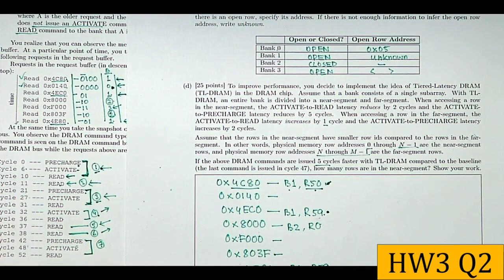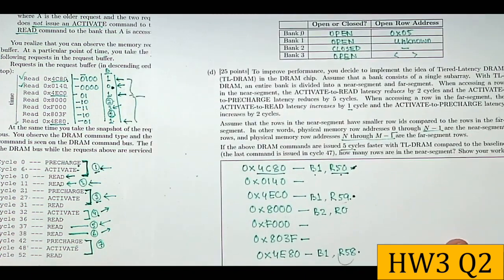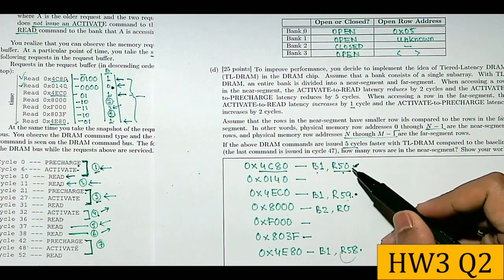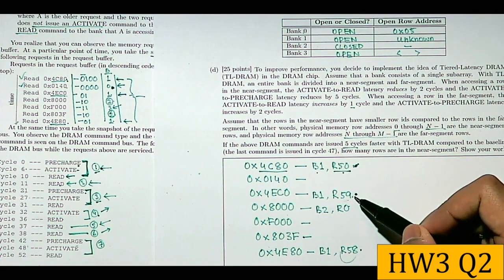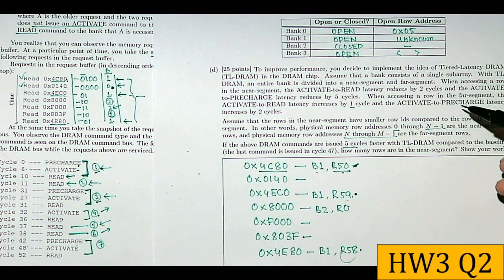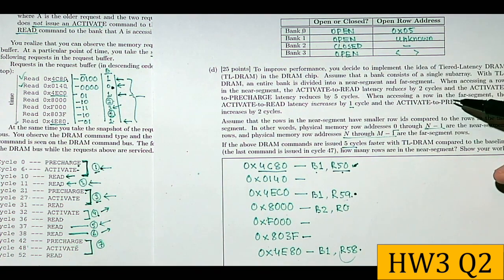Yeah, go ahead. Right. Pre-charge to activate: yes, we pre-charge the row 50, and then we activate the row 59, but there are different tiers. We don't actually have any benefits, at least according to the description, for pre-charge to activate.